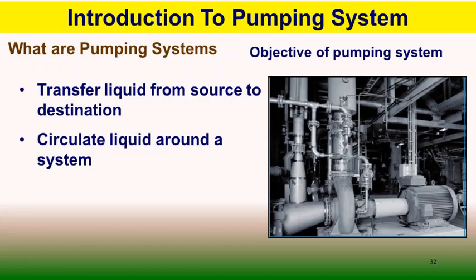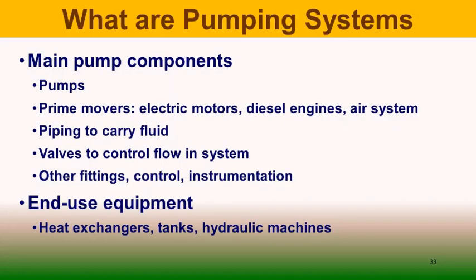The main components of a pumping system are pumps and prime movers. Prime movers may be electric motors, diesel engines, or air pneumatic systems. Connecting piping to carry the fluid and take in the fluid. Valves to control flow and isolate flow.